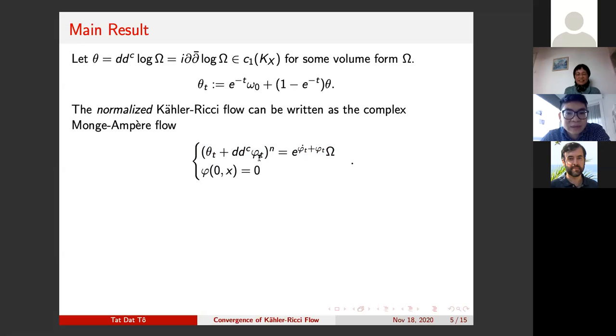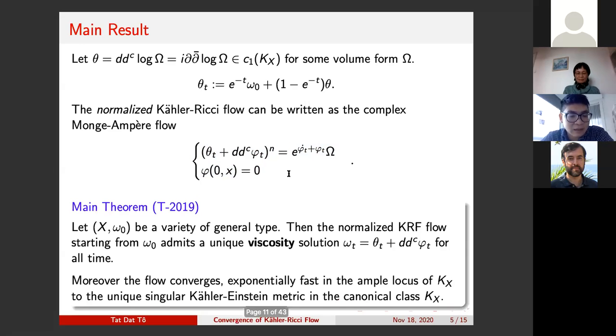In the case when phi_t is smooth, you can write it as a determinant of this form equal to this equation. But when phi_t is not smooth, with this kind of measure, it would be flexible to work with.